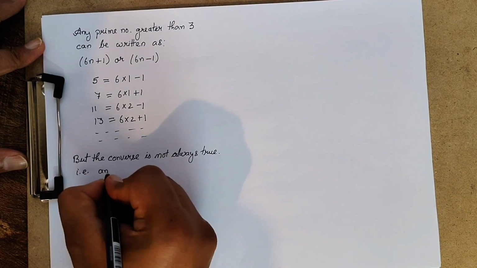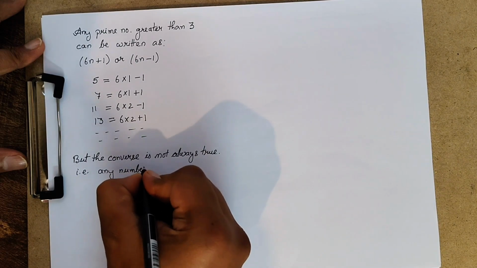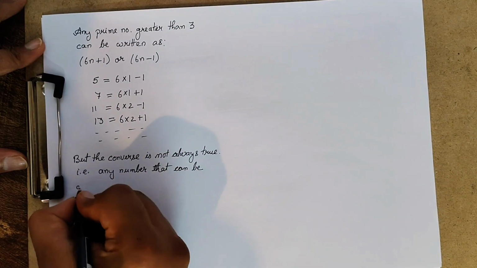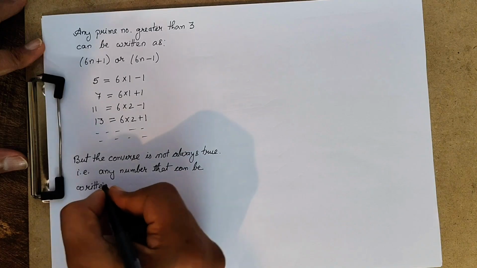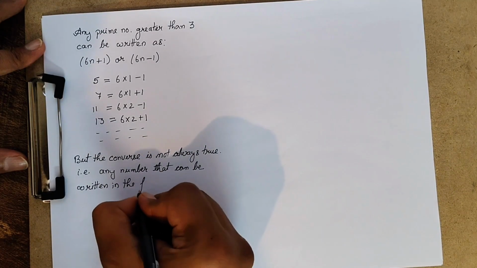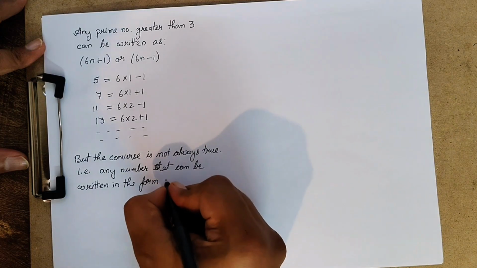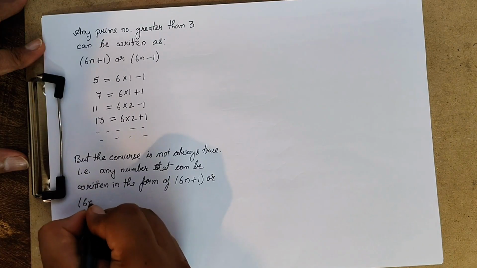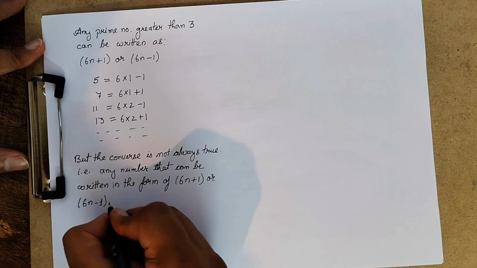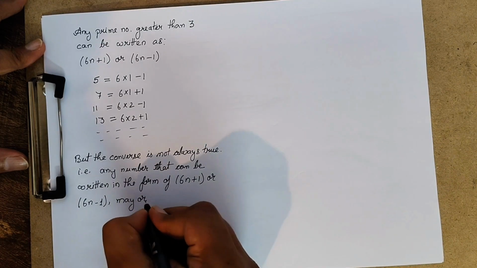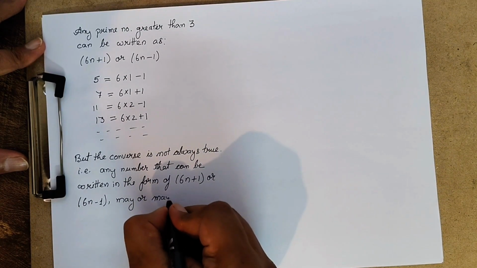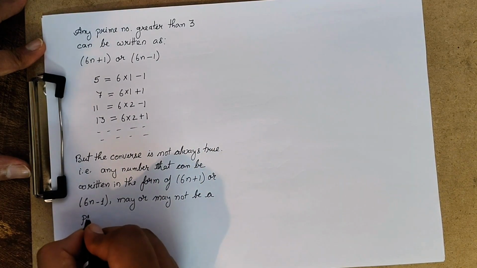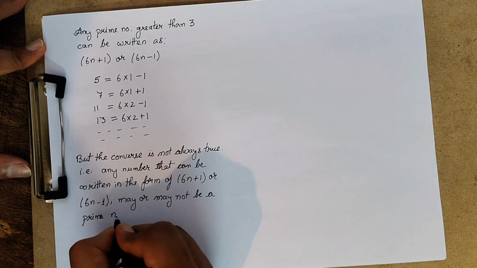That is, any number that can be written in the form of 6n plus 1 or 6n minus 1 may or may not be a prime number.